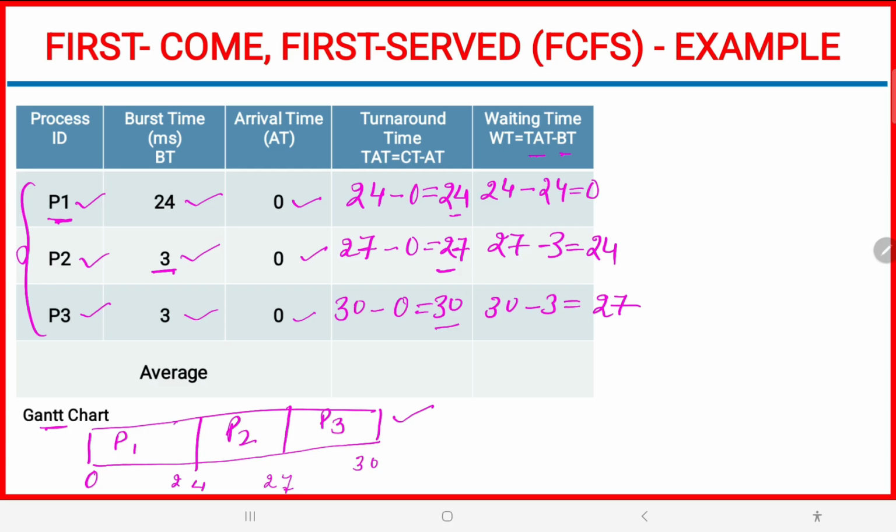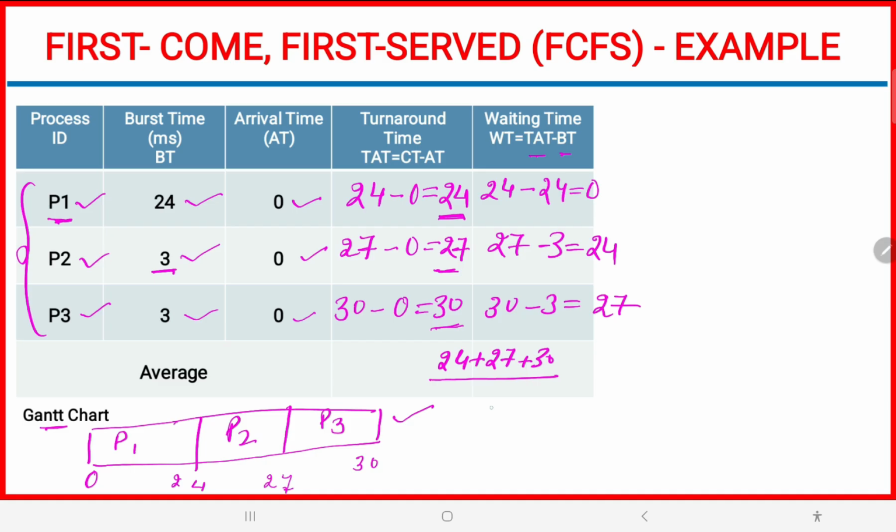Next, as far as the question was concerned, we were supposed to calculate the average turnaround time as well as the average waiting time. To get the average turnaround time, first of all we'll add the turnaround time of each of the processes. In this case we have a total of 3 processes. So first we add these values, that is 24 plus 27 plus 30, divided by the number of processes that were in the system.